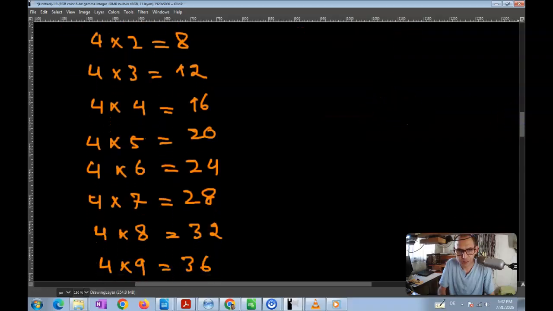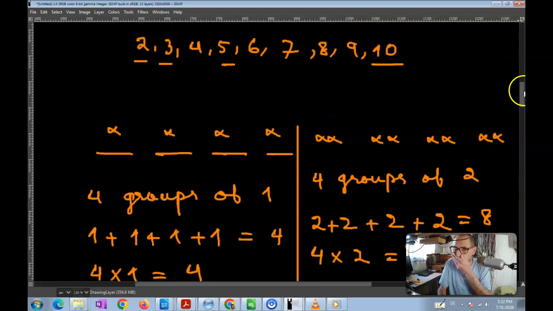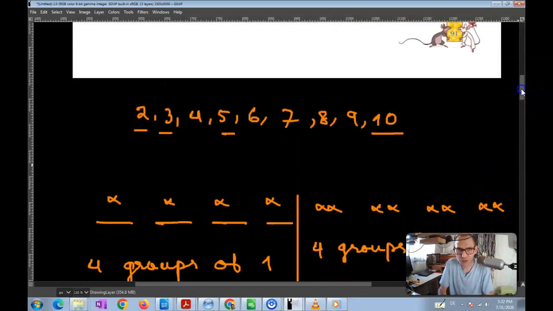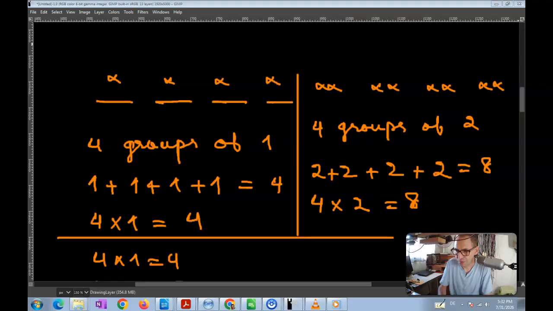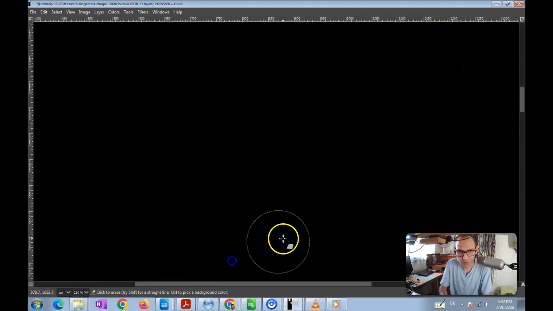Now there is also a relationship between the multiplication of 2 and 4, right? And what that is, is the following.